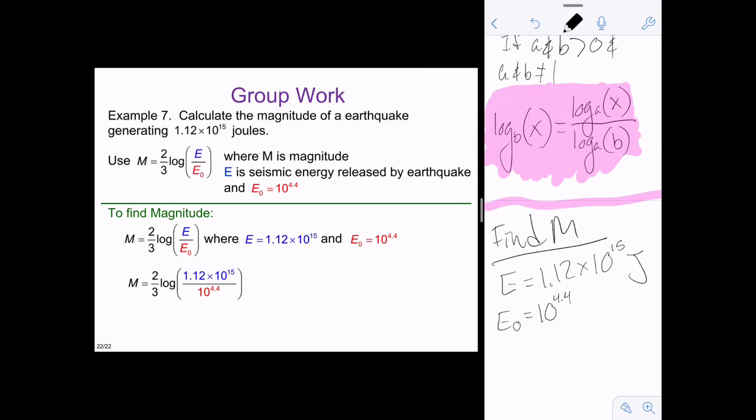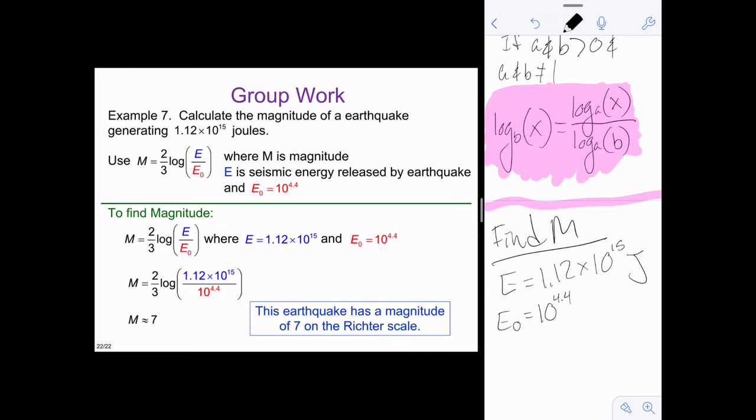Throw this all into your calculator all in one go. Do it right now, see what you get back, and let's find out. When you pause it, if you haven't gotten your solution yet, did you get back about 7? If you did, congratulations. So if we go back and think about it, M is the magnitude of the earthquake. So this earthquake has a magnitude of 7 on the Richter scale.